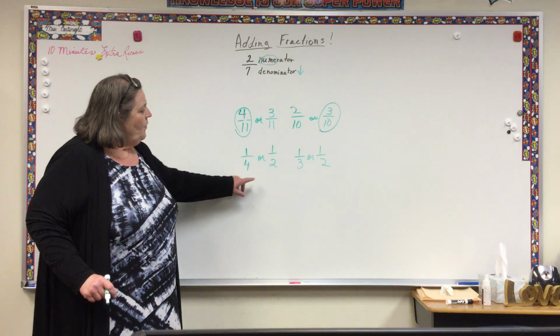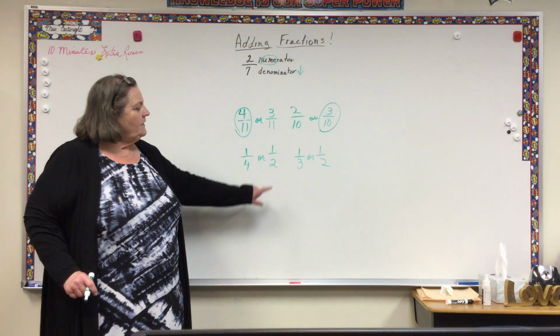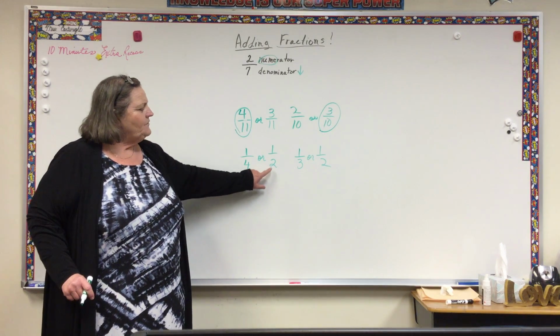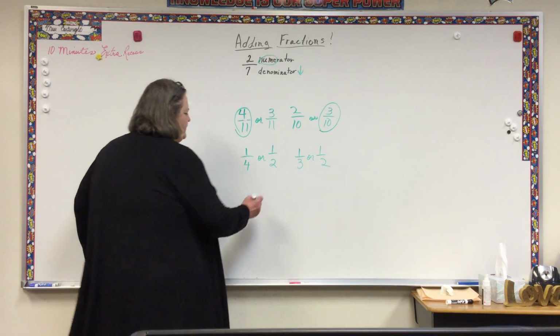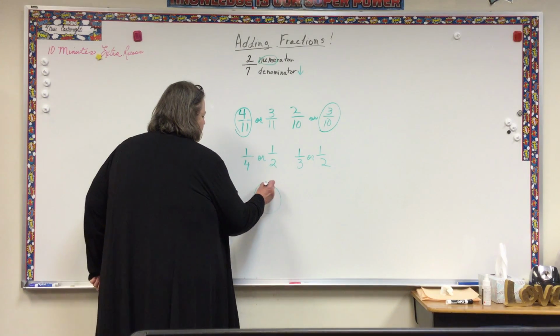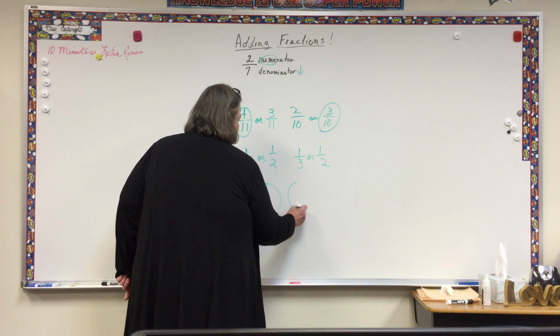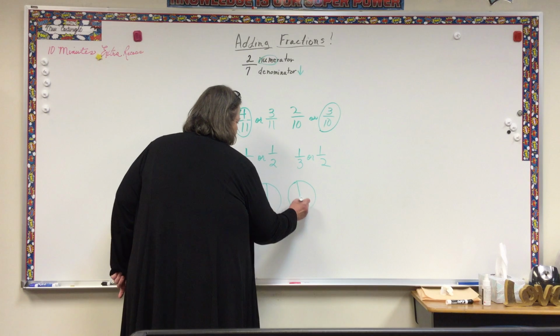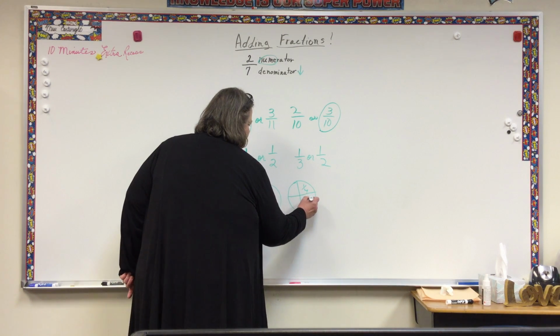So 1/2, 2 is smaller than 4, but 2 is greater in a fraction, because I can show you here. You have a circle, there's 1/2, and I'll draw a circle and have 4. Now each one of these little spaces is 1/4.